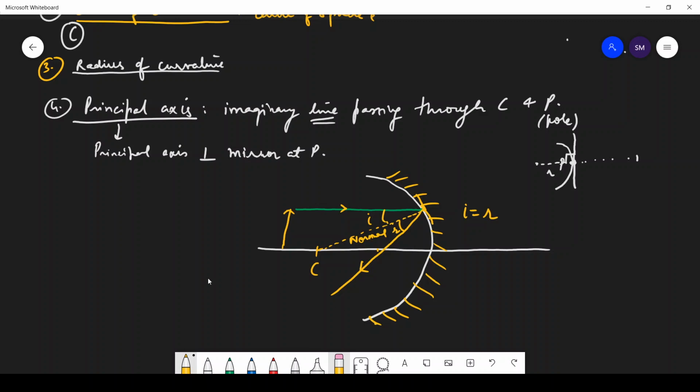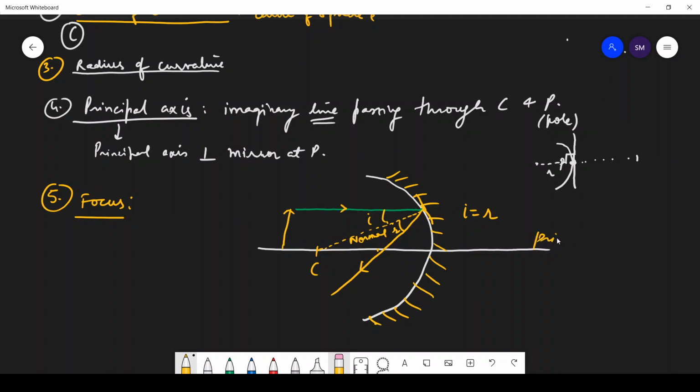Okay, so the next key term that we have is focus. In fact, we call it principal focus. Why do we call it principal focus? The full name is principal focus because it lies on the principal axis.